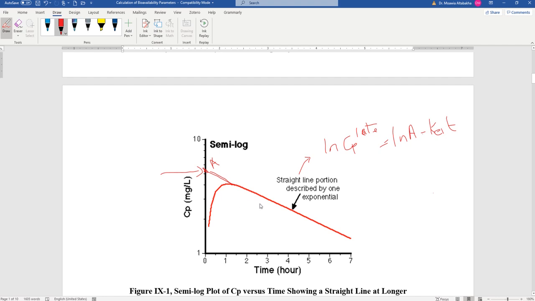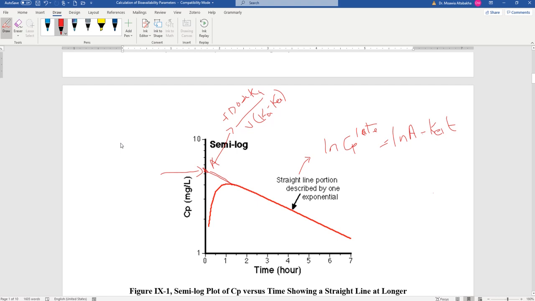Okay, what is the benefit now from this straight line? The benefit is that you can calculate two things. First A, and you know that A equals what? A equals F times the dose times KA, divided by V times (KA minus KEL).